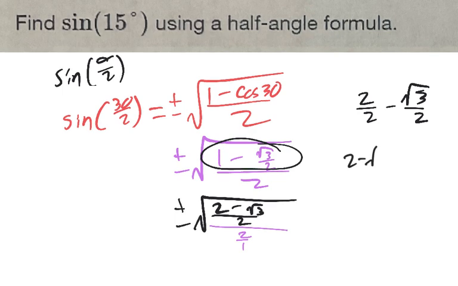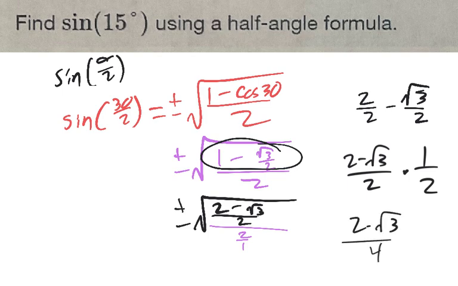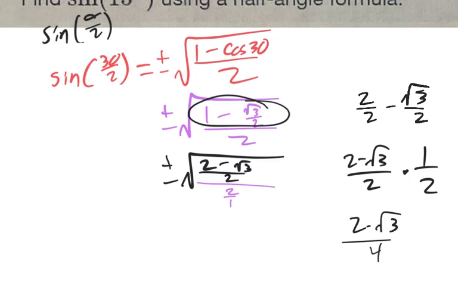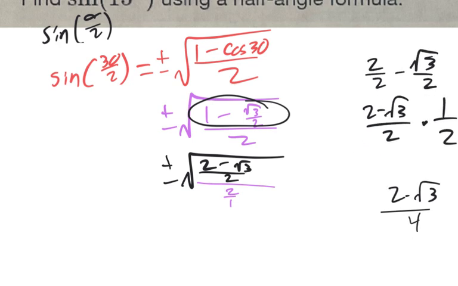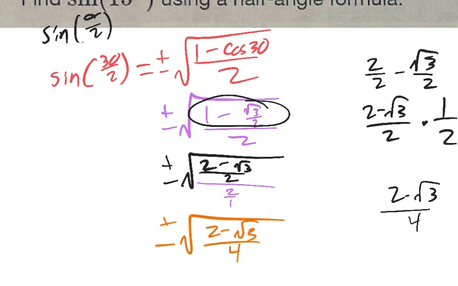Now, I've got to write this like I'm a 5th grader. So I'm going to multiply by the reciprocal. So this becomes 2 minus radical 3 all over 4. And remember, this is all underneath the radical. So this is the square root of 2 minus radical 3 all over 4.